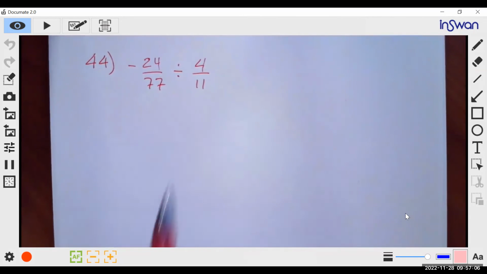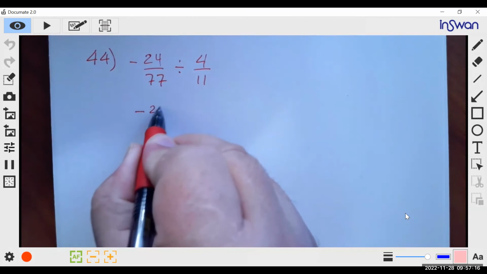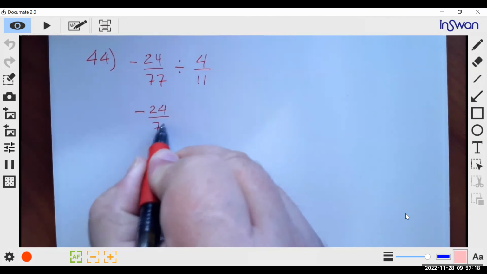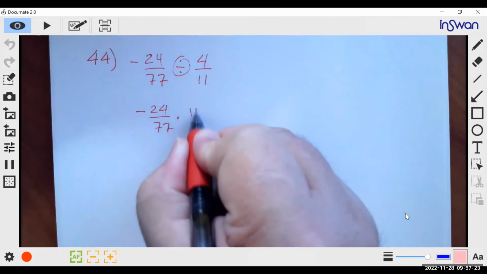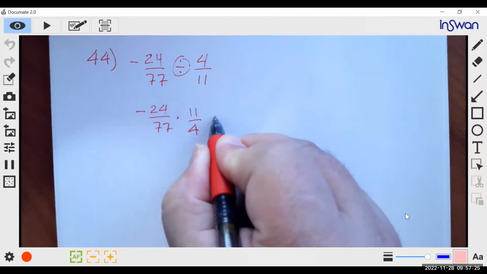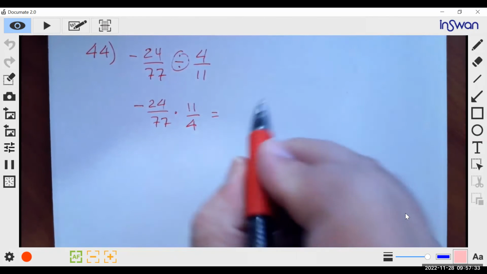Whenever you have fractions and you divide by another fraction, how do you set it up? Very good. Change this to multiplication and flip the second one. Is the answer going to be positive or negative? Negative.